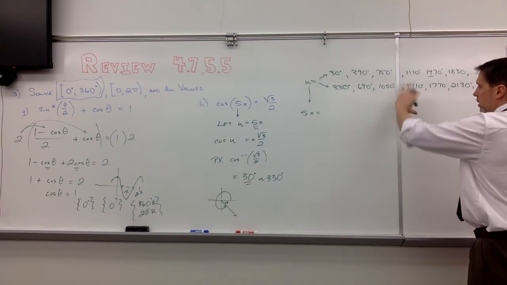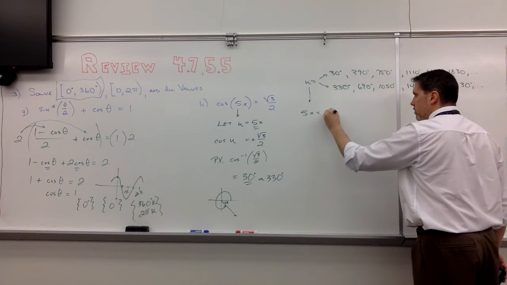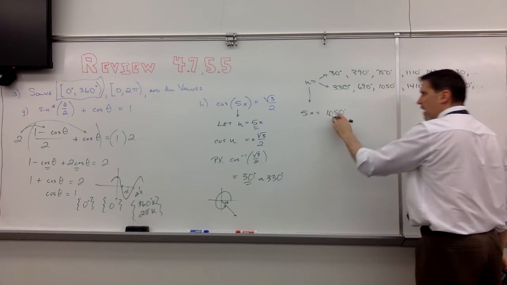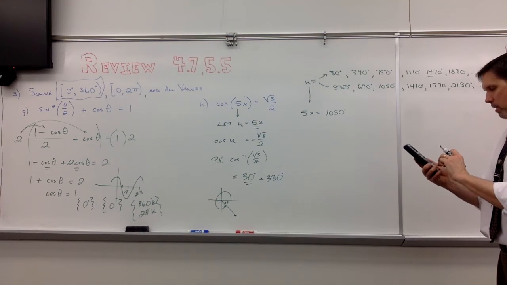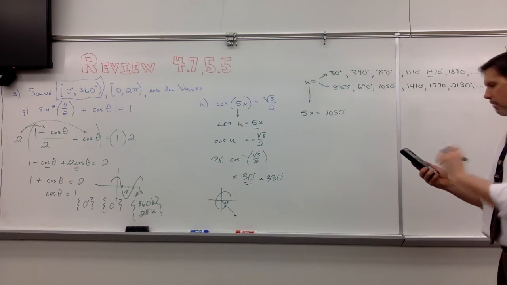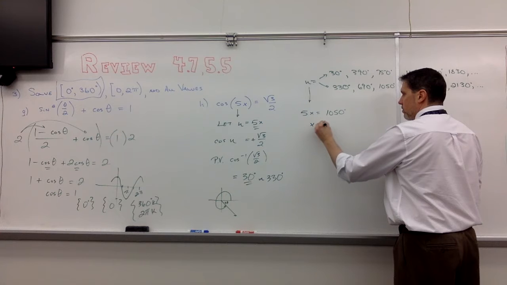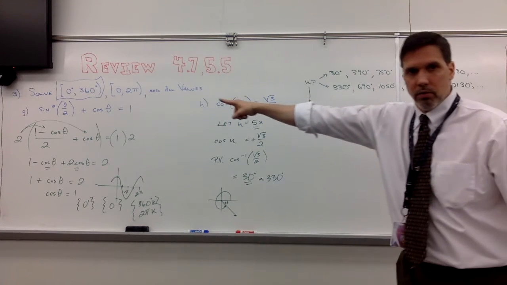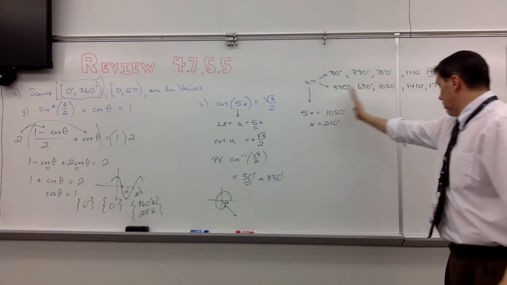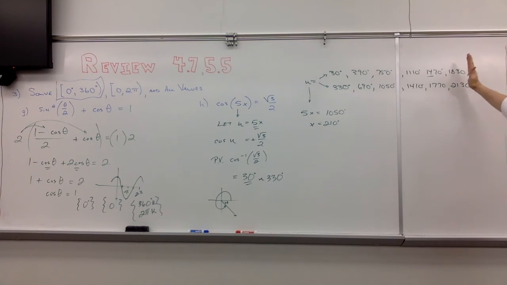So if you just pick a random one, say 1050, if you say 5x equals 1050, we have to solve for x. So we take 1050 and divide it by 5. We get 210, which is within our bounds of 0 to 360. So that's what we have to do, is take all of these answers and basically divide them by 5.